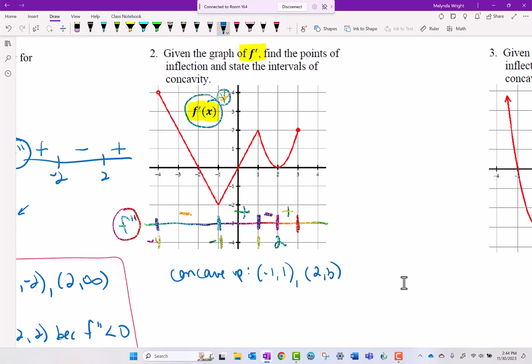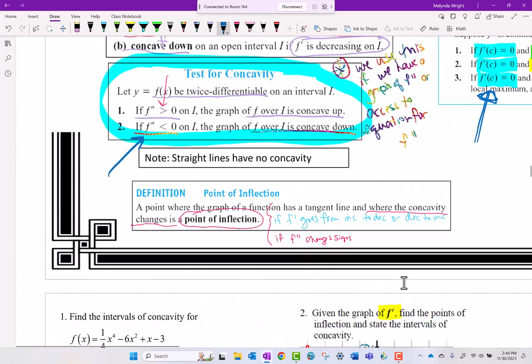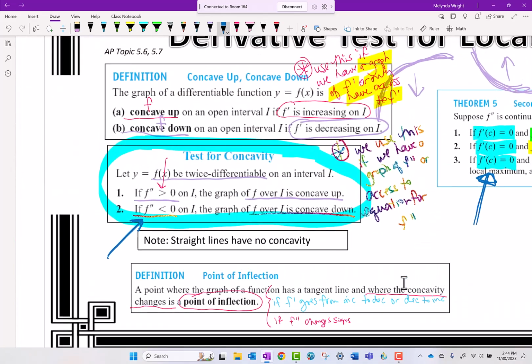Now I have a picture of f prime. What justification do I have to use? I have to do this step one here. I have to say because f prime is increasing or f prime is decreasing. I have to use the definition. I don't have a choice.